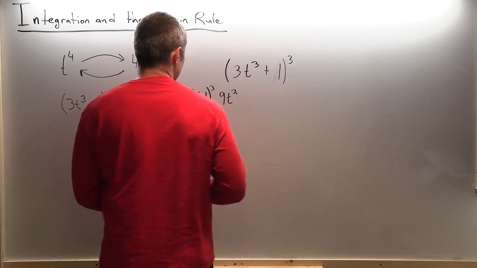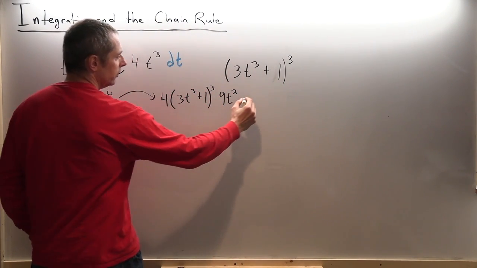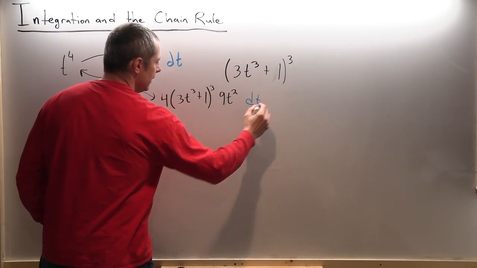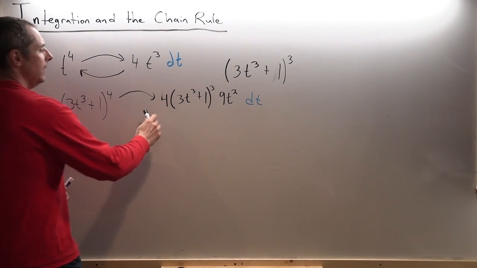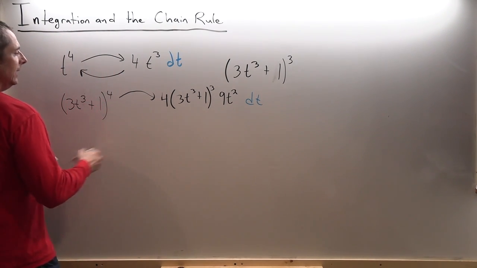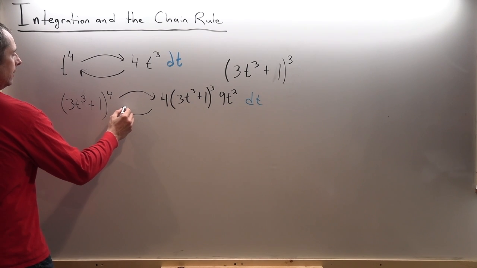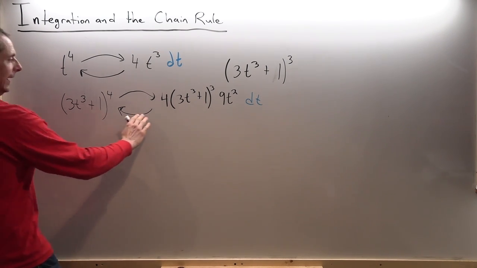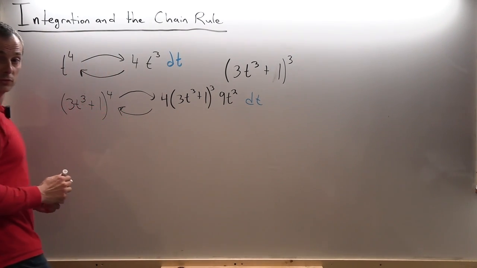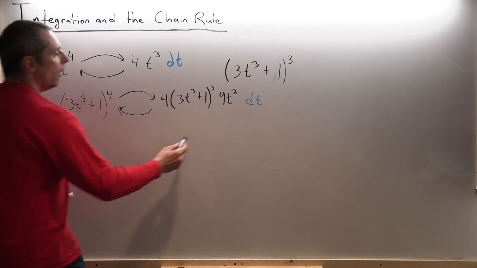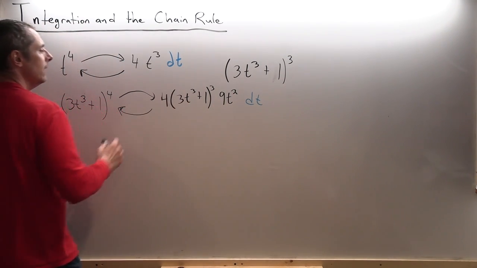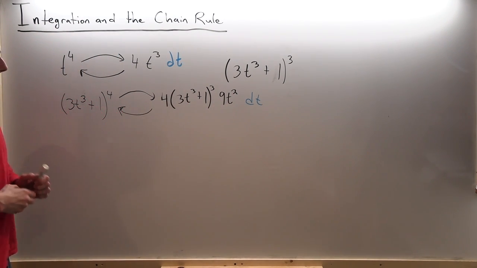So if I want to integrate this, I can add a dt, and then all of this integrates to that, because this is the antiderivative of all of this. Okay, so all of this stuff makes for a much more complicated integral.